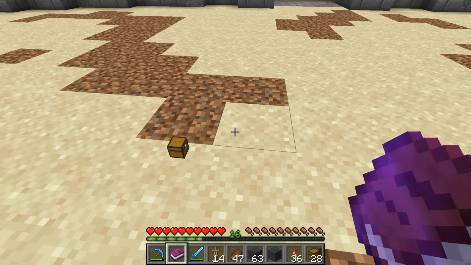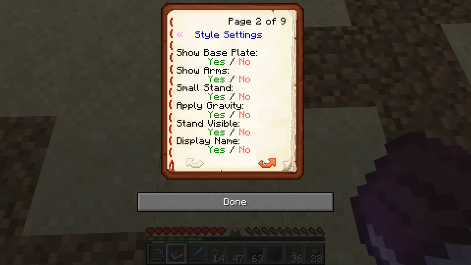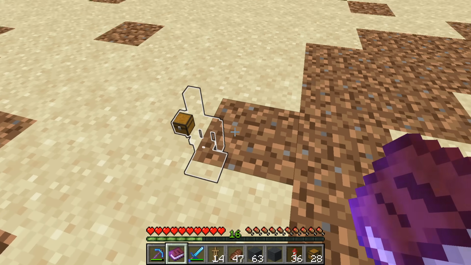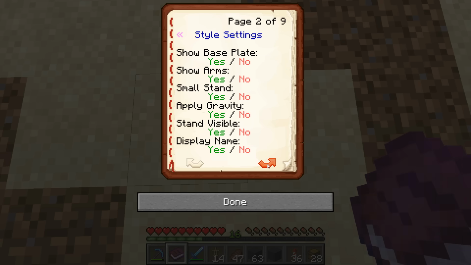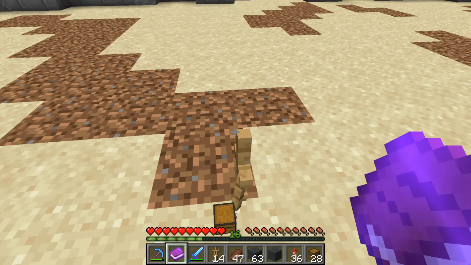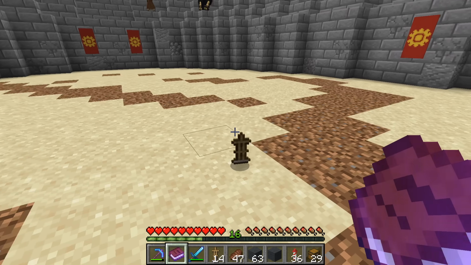But you wouldn't have it sit on the side. Now, if you get stuck and you're not sure, all you need to do is, 1, check target, which shows you the position of the armor stand. And 2, stand visible. You cannot destroy a stand whilst it's invisible. If you need to get rid of something, it has to become visible. Okay, and then you get all your stuff back.